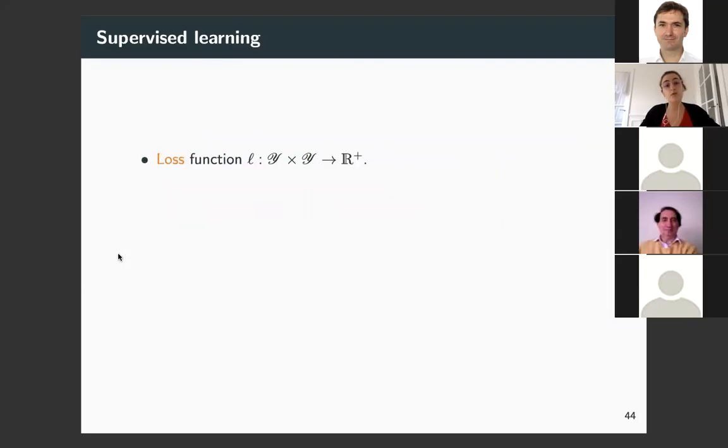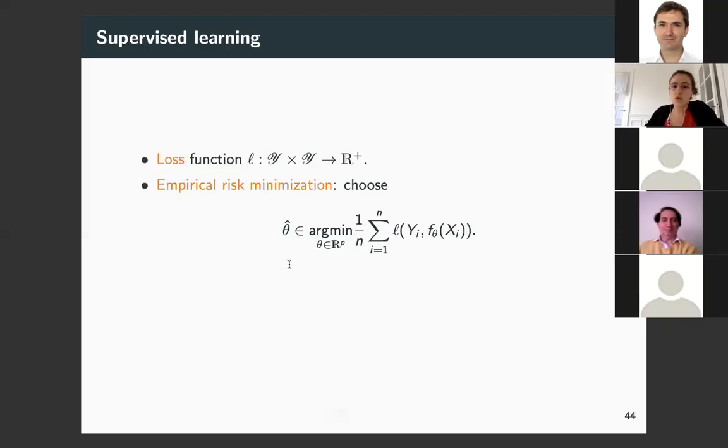And now how do I do this? So I define a loss function L from Y times Y into R plus, which quantifies how different two elements of Y are. And I will just choose a parameter theta hat that minimizes the sum of the loss on the data. So I take the loss of the data Yi and f_theta of Xi, which is my prediction, which is supposed to be close to Yi.